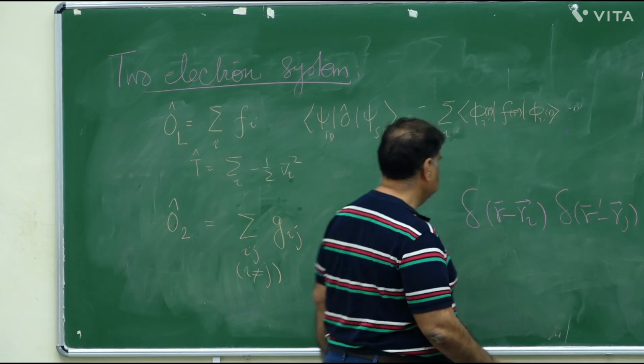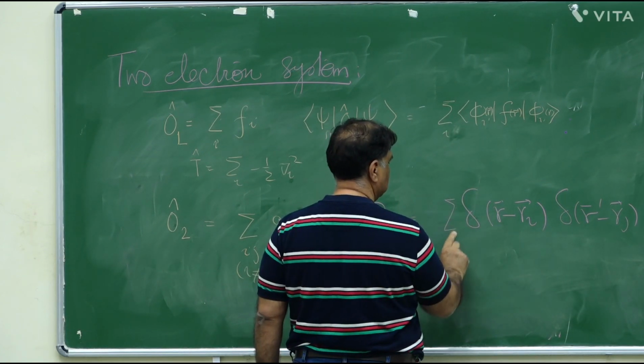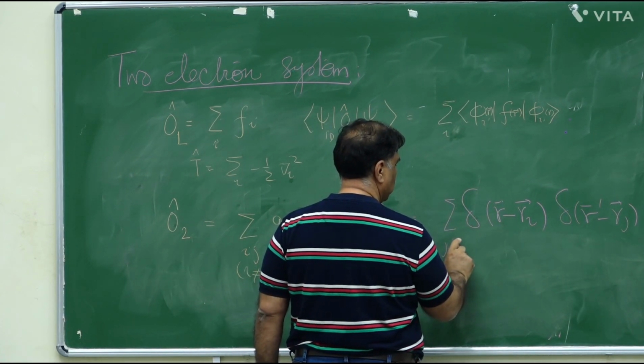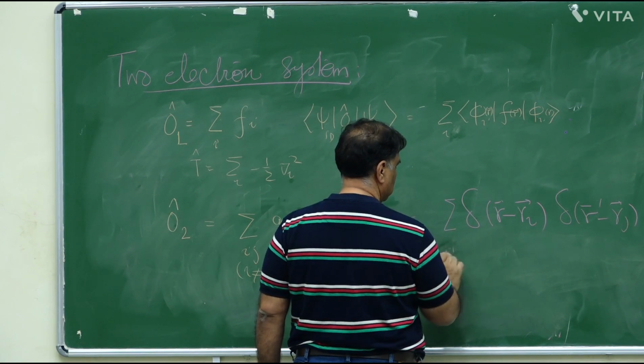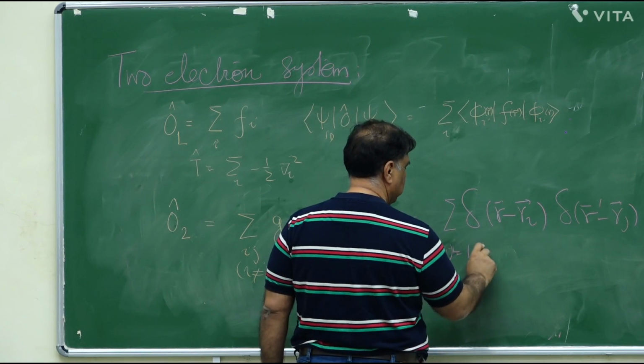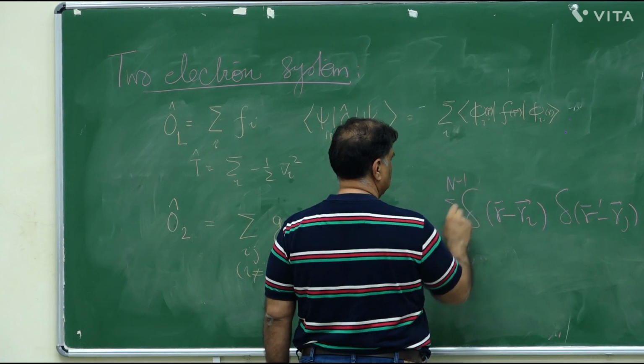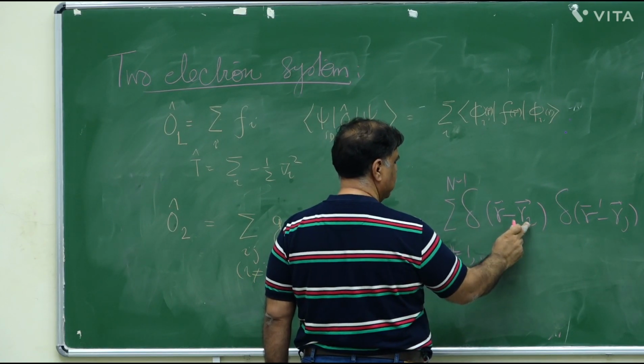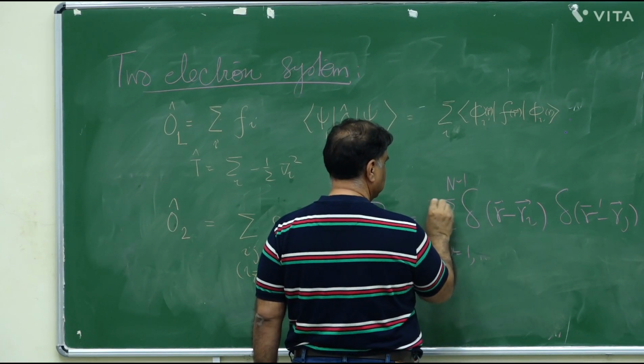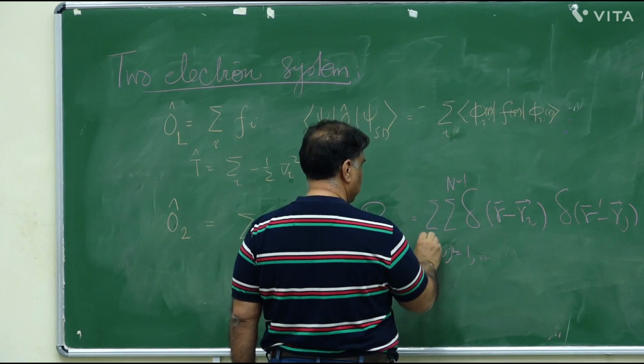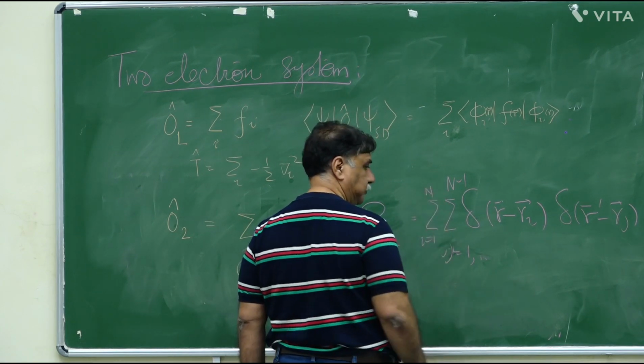Now j could run from j equals 1 to n minus 1, because I've already located one here, and then I average over i, so this is going to be i equals 1 to n.